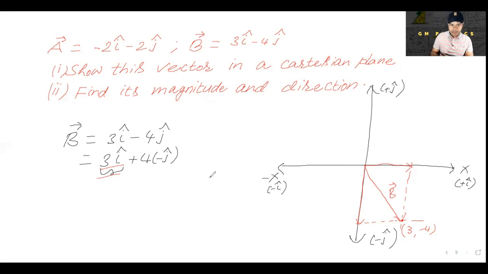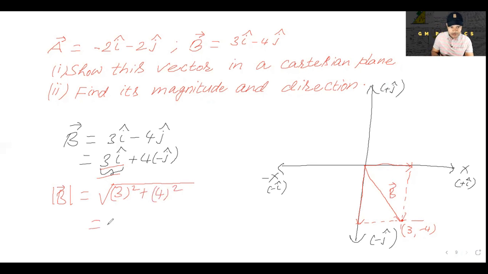Simple. Now let's find the magnitude of the vector. So magnitude of the B vector, that is mod of B vector, is root of sum of square of components. So we can write 3 square plus 4 square.